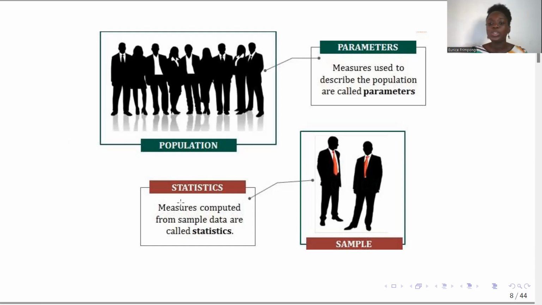However, when we come to statistic, we are talking about your focus now being on the sample, okay, the sample. So your statistic is a form of measure that is computed from your sample data. So when we talk about the word statistic in this sense now, it is a measure that is focused on data collected from the sample.